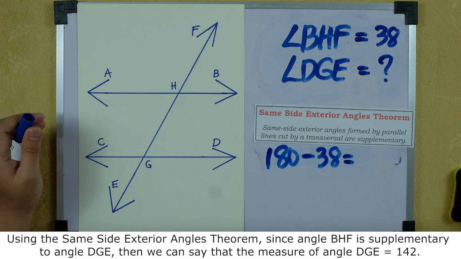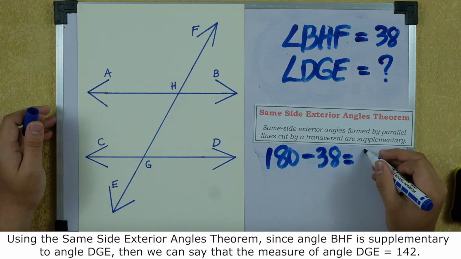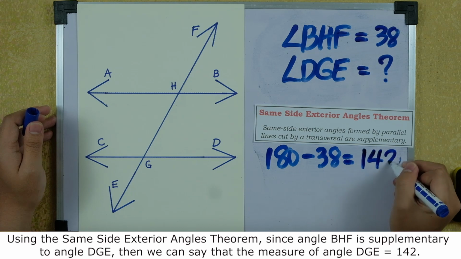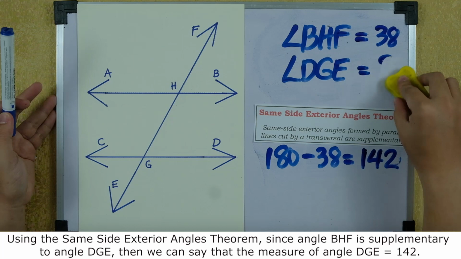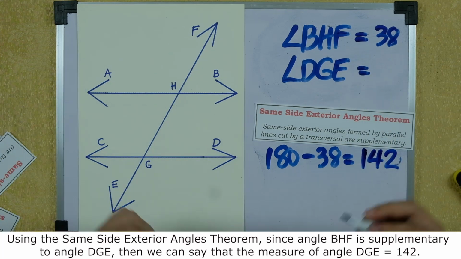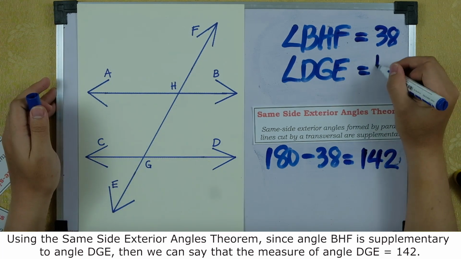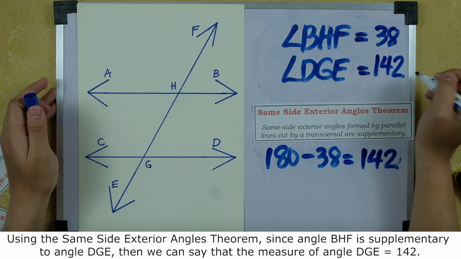So we have 180 minus 38 gives us 142. Therefore, the measure of angle DGE is equal to 142.